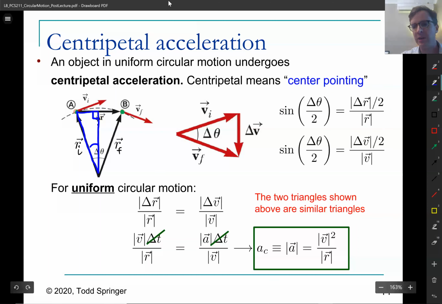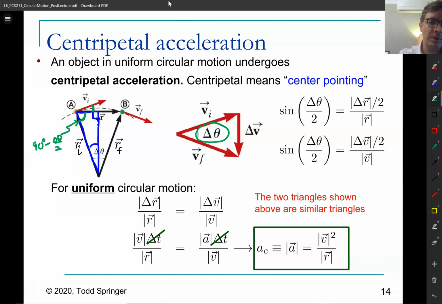Now, the claim is, if you take the velocity vectors and make them into a triangle, that the angle here is the same angle as this one down here. Can you understand that? Maybe it's better to think about this angle first.